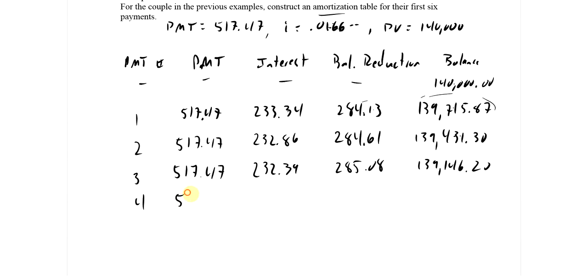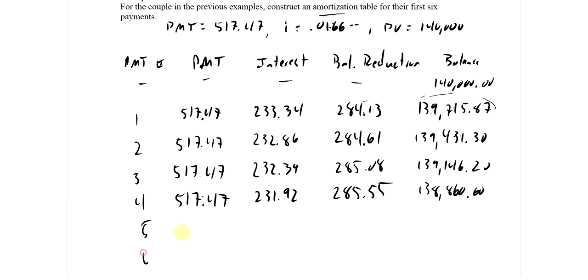So payment 4, 517.47. You begin to see how this goes. Take the balance times the interest. That gives you the new interest, which is 231.92. And your balance reduction, this minus this, that goes to paying off your debt, and that's 285.55. And that gives you a total of 138,860.60.